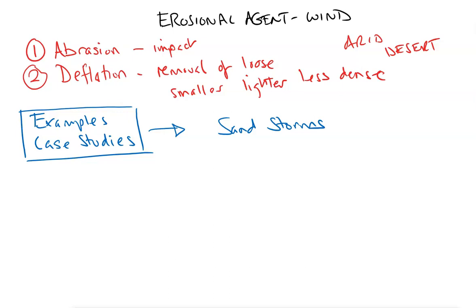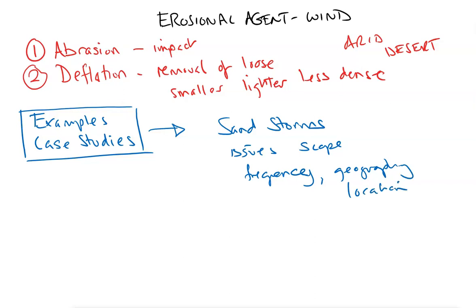And the issues, the scope, the frequency, also bringing in a bit of geography and the locations, a bit of the culture and what people do, and how they live with these things, in terms of the dumping of sand on agriculture.